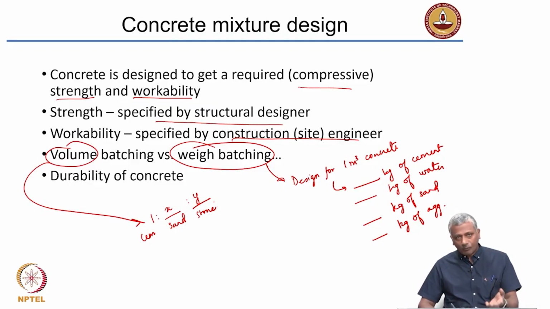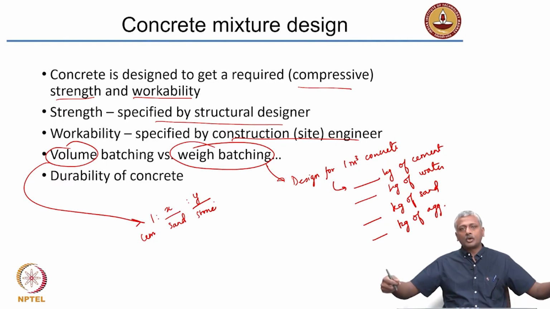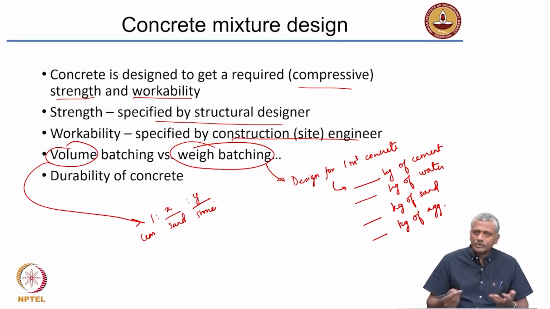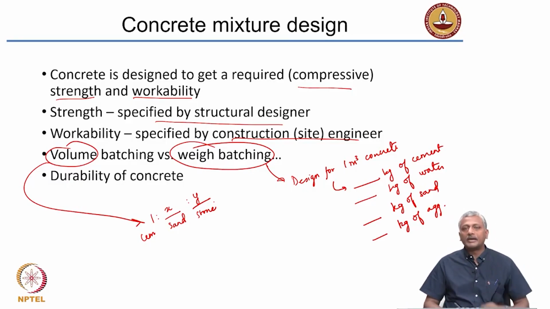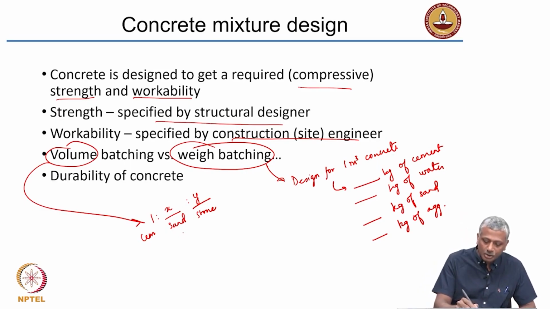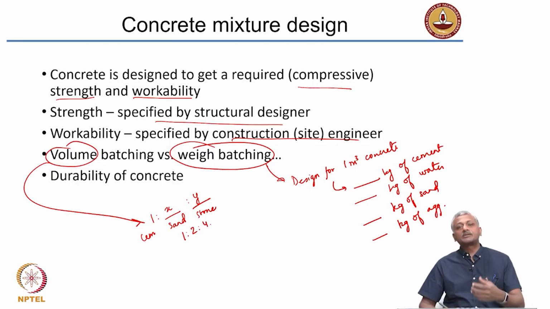Okay. That is by volume. So, on the site you do not need to have the capacity to measure these things. You can just have this volumetric bucket which measures exactly one proportion and then proportion your materials accordingly. So, cement of 1 part, sand of x parts and stone of y parts. Typically, in most construction sites where they do volume batching, you will see that this sort of a volumetric ratio is 1 is to 2 is to 4 for most structural concrete.